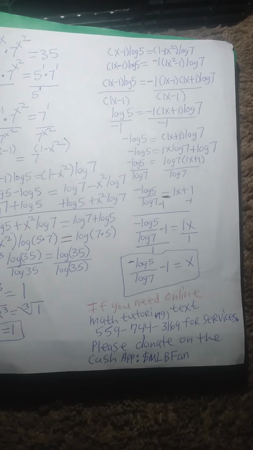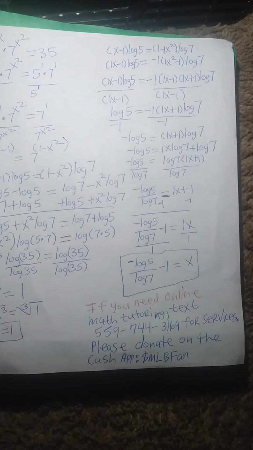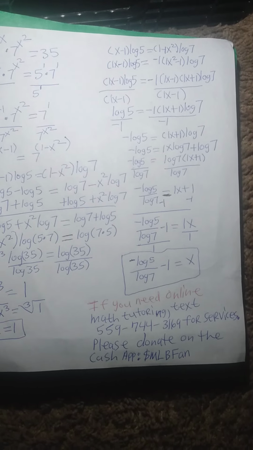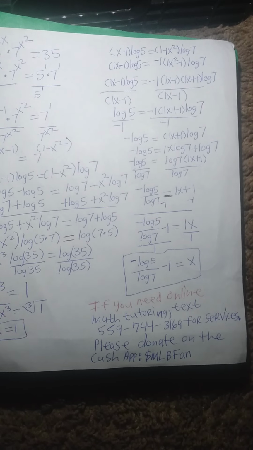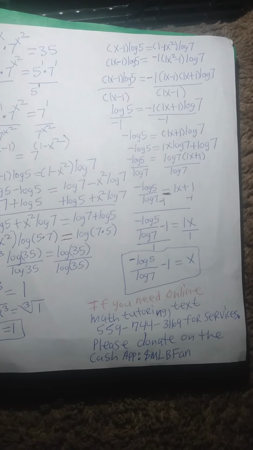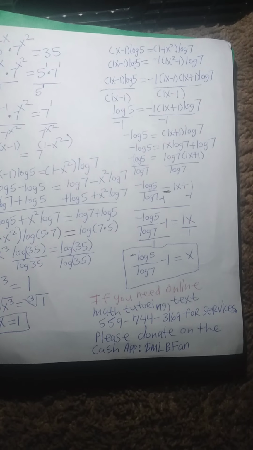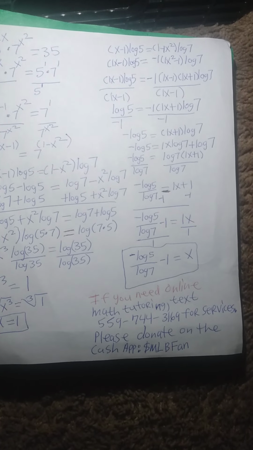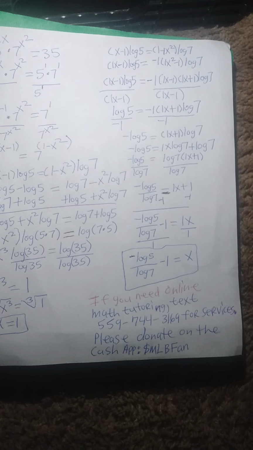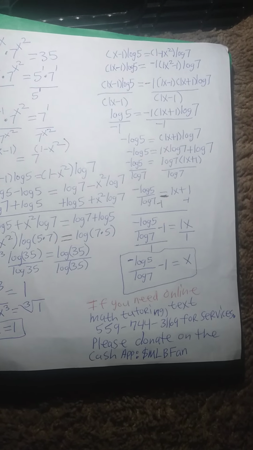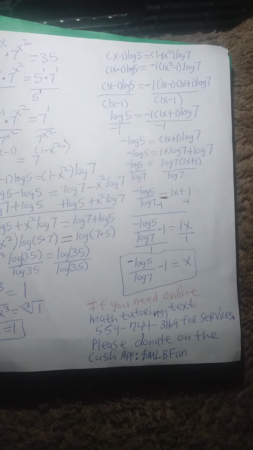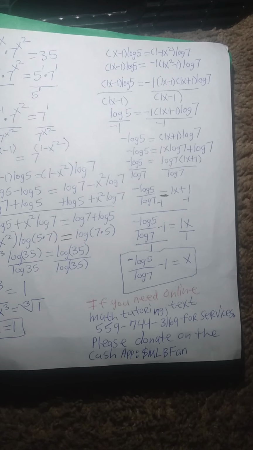Now we need to distribute, and we will have negative log 5 is equal to x log 7 plus log 7. Then we divide both sides by log 7, and we will have negative log 5 divided by log 7 is equal to x plus 1.